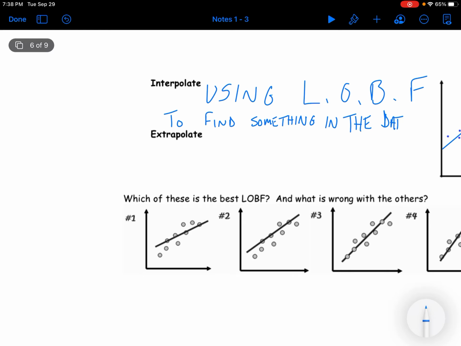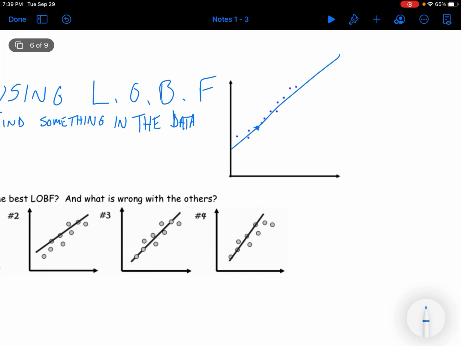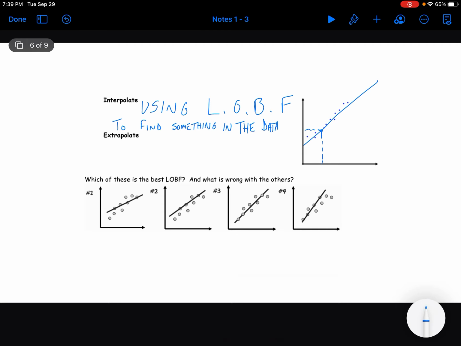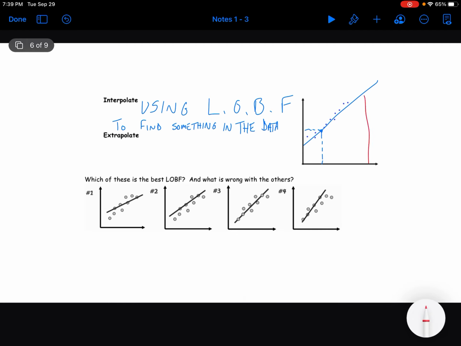So if I used it to find like this point, that's interpolating. Now extrapolating is using the line of best fit to find something outside the data.